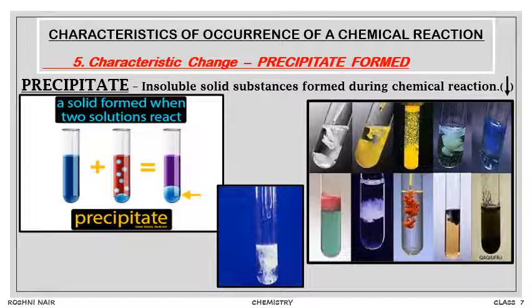It can be yellow, green, red, black, blue, white also. Gelatinous white, chalky white, milky white. So in white also we have different types of precipitates which are formed.